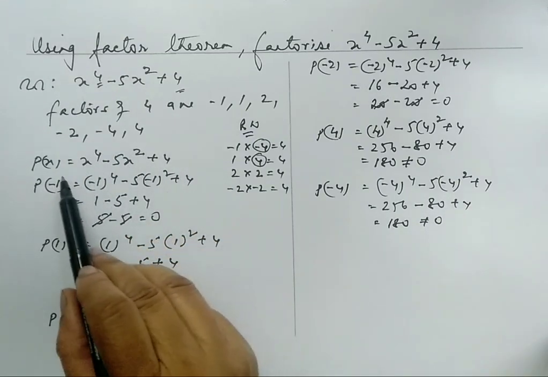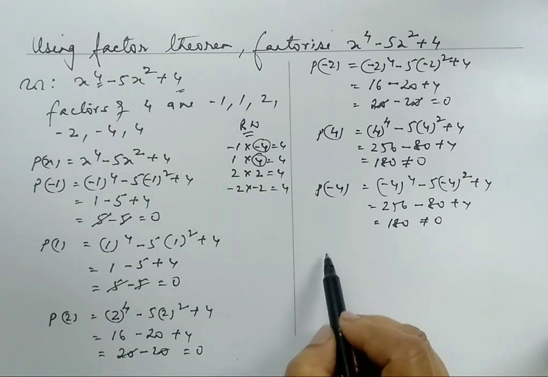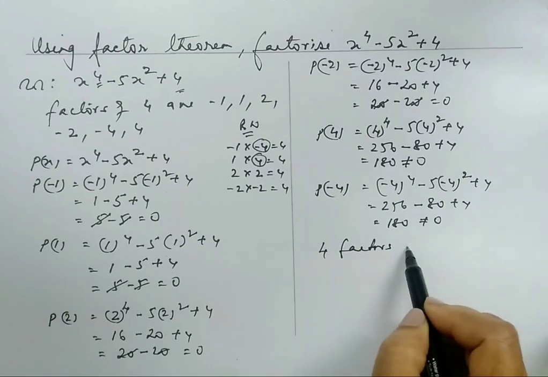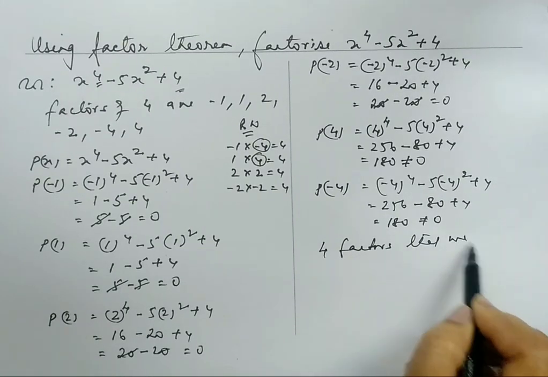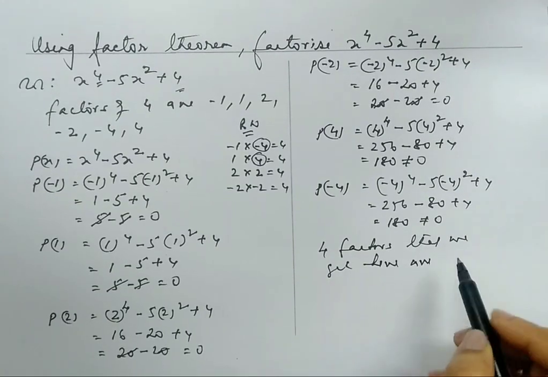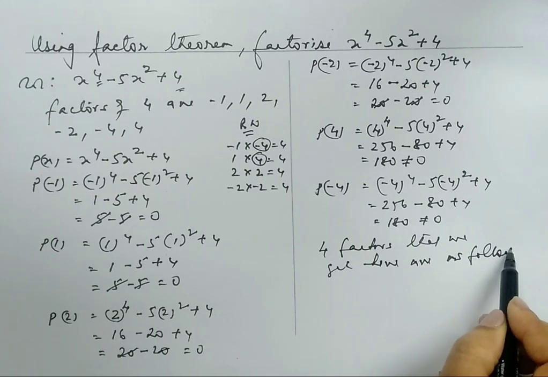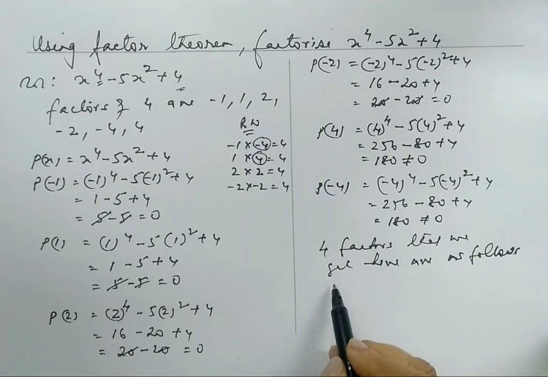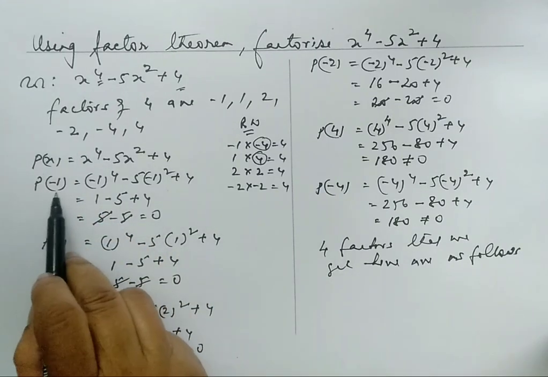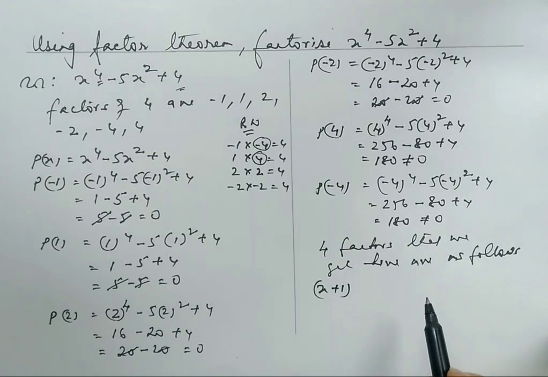In the first case, we have minus 1. So the 4 factors that we get here are as follows. Alright. First one is for minus 1. If x is equal to minus 1, x plus 1 is the first factor.